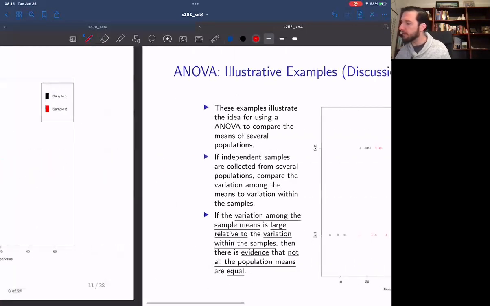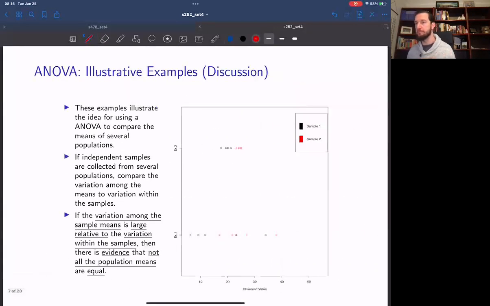All right, so let's try and establish what we're going to be looking for in general when we're using these analysis of variance techniques. So on this illustration, I've plotted the two examples together so that we can compare the differences directly.